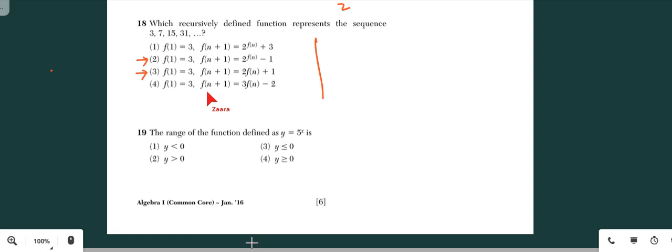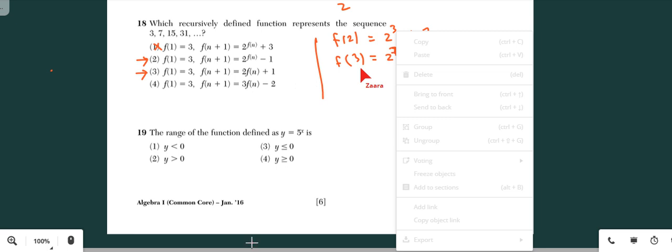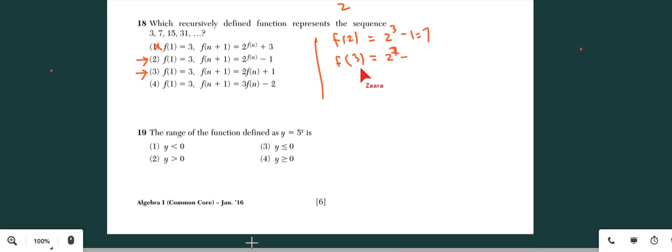They both can be the functions. First one is not very clear. Look at this one. We will test it at f of 2. f of 2 will become 2 raised to the power of 3, which is 8. 8 minus 1, which is 7. f of 3 would be 2 raised to the power of 7.